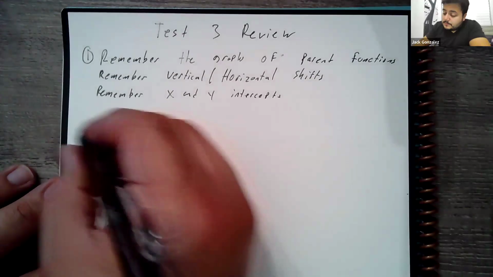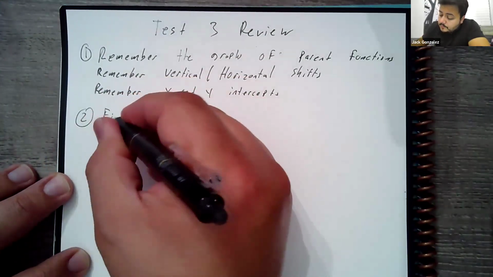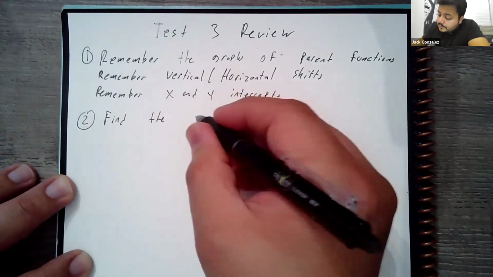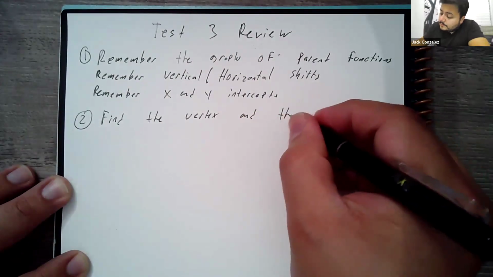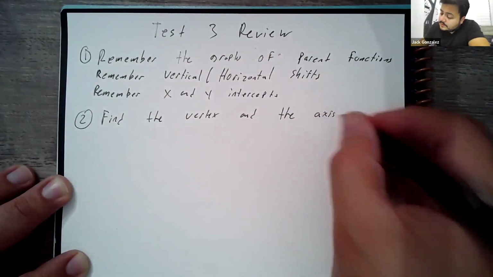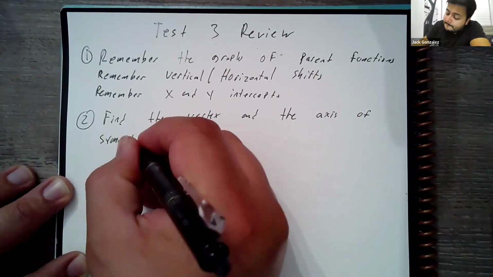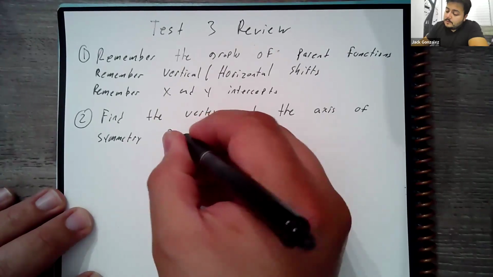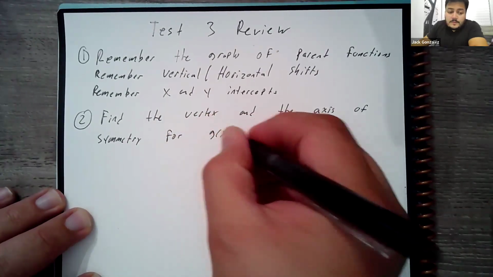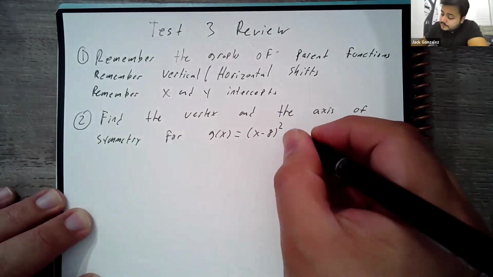All right, number two. Find the vertex and the axis of symmetry. G of X equal to X minus 8 squared plus 2.